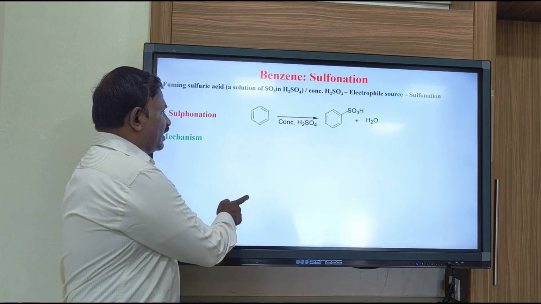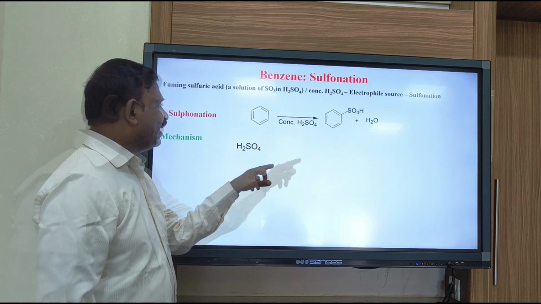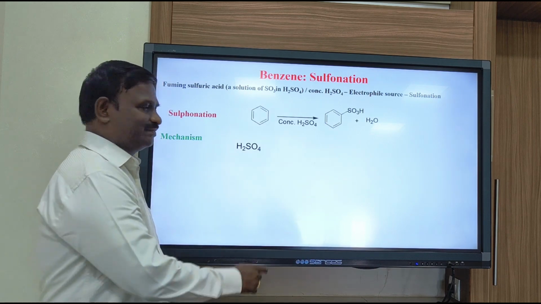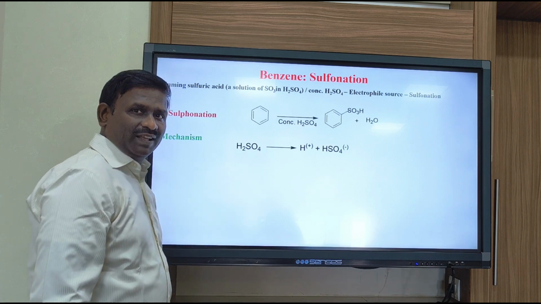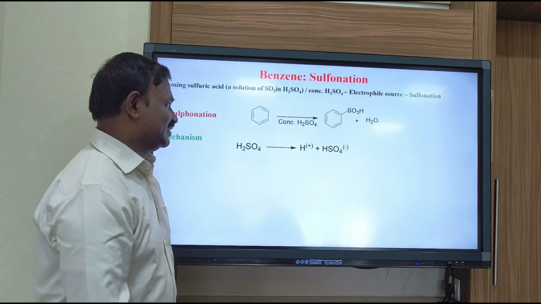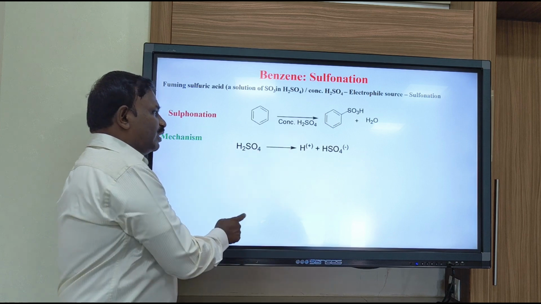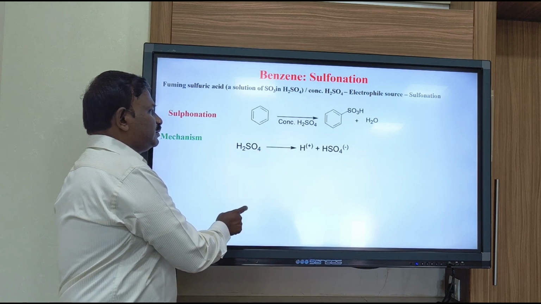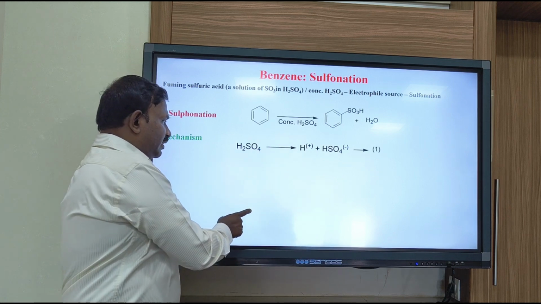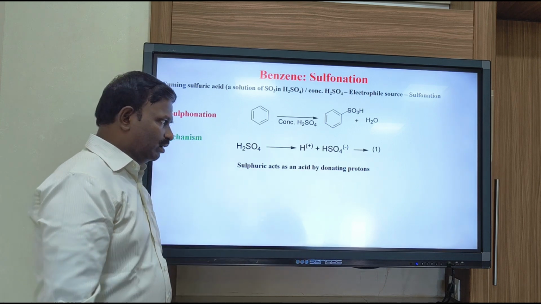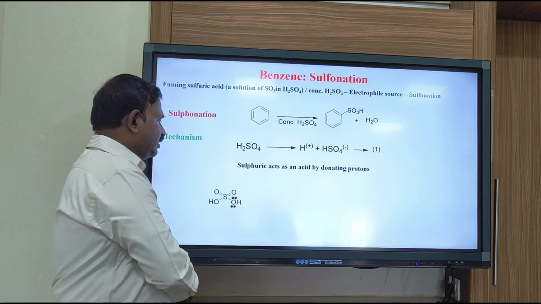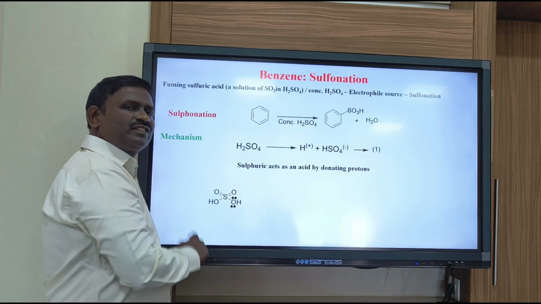Sulfuric acid, as we know, is a proton donor. It dissociates into H plus and HSO4 minus. This proton which is formed reacts with sulfuric acid.